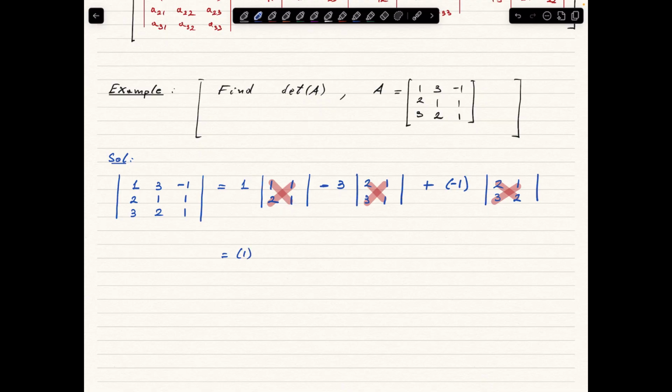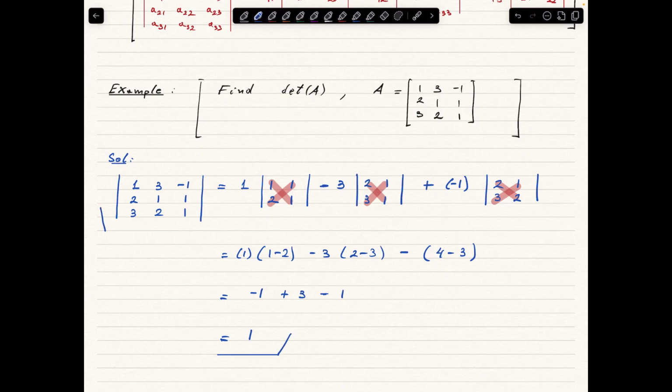So it's 1 multiplied by 1 minus 2, and then minus 3 multiplied by 2 minus 3, and then minus, there is a minus 1 there, multiplied by 4 minus 3. Okay, so it's just negative 1. Then we have plus 3 multiplied by 1 minus 1. Okay, so this is 1.